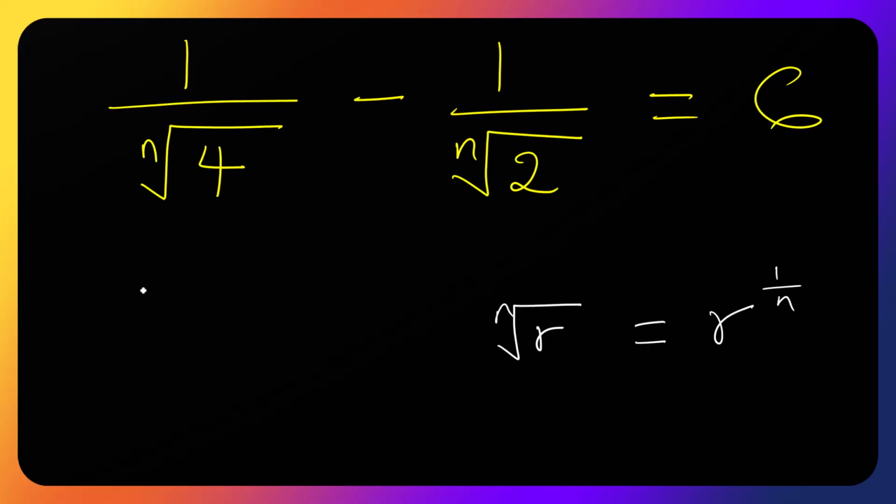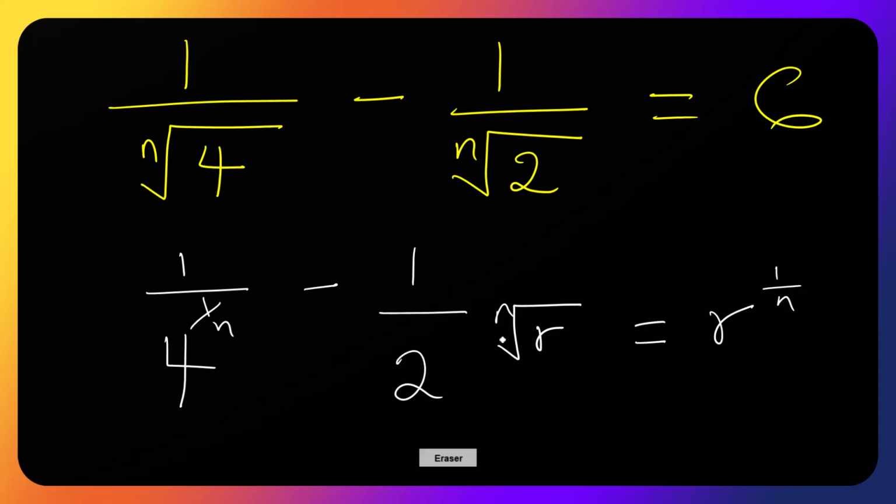So this side will be 1 on 4 raised to 1 on n. We have the same thing here, 1 on 2 raised to 1 on n equals 6.